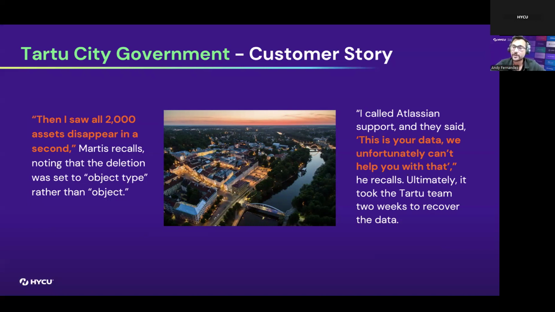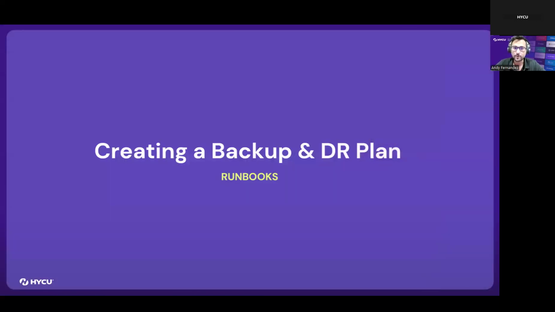Unfortunately, we're not going to be able to help you this time. That doesn't mean that Atlassian doesn't try, but the point is that you can't guarantee that Atlassian themselves and support will be able to help you recover data. The reality is that you have to take responsibility for your data, not only in Atlassian, but whatever applications you're using in the system of work.